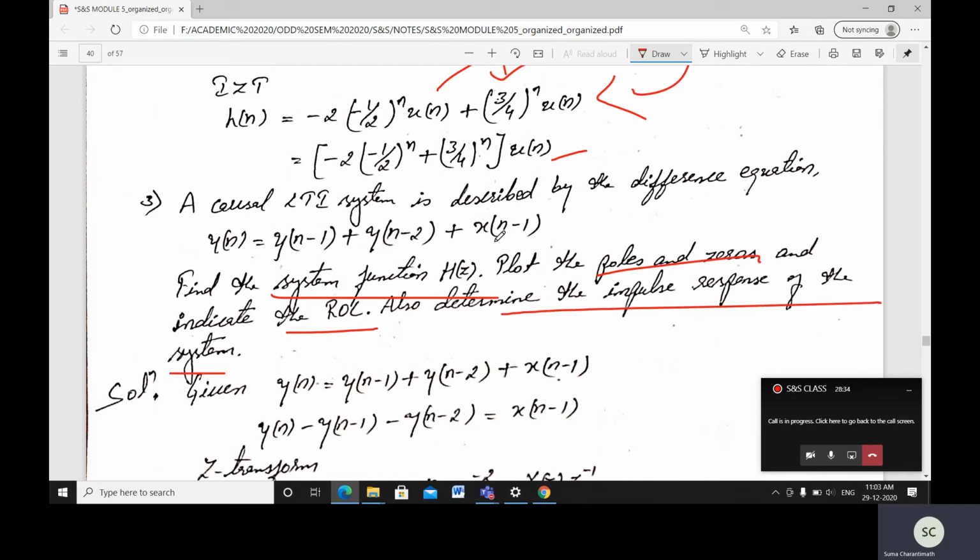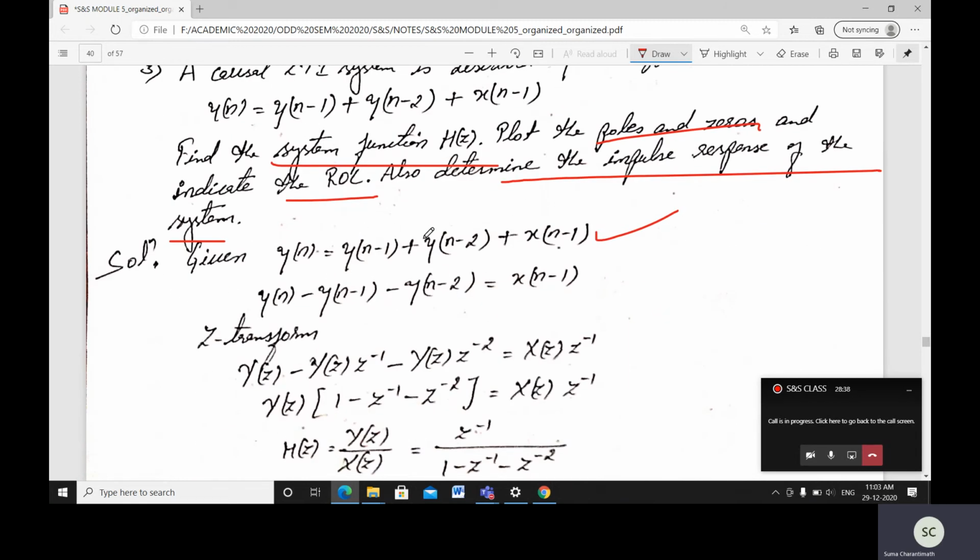The given equation you have to write as it is. After this, keep y terms on one side and x terms on the RHS. That rearrangement is done. Then take the Z transform. You will get Y(z) minus Y(z) z inverse minus Y(z) z raised to minus 2 equals X(z) z raised to minus 1.